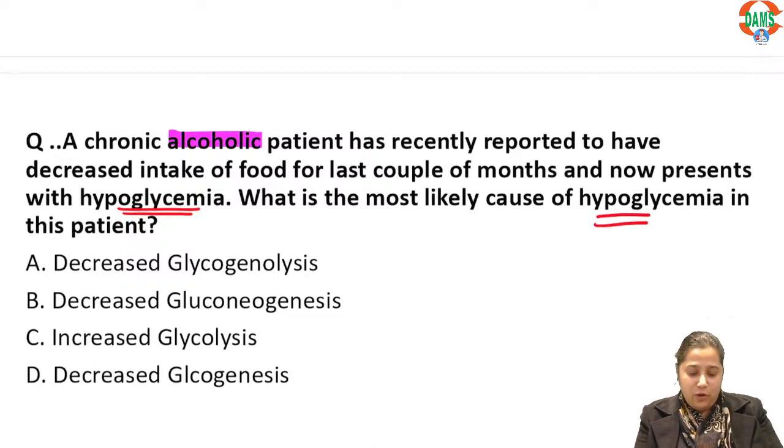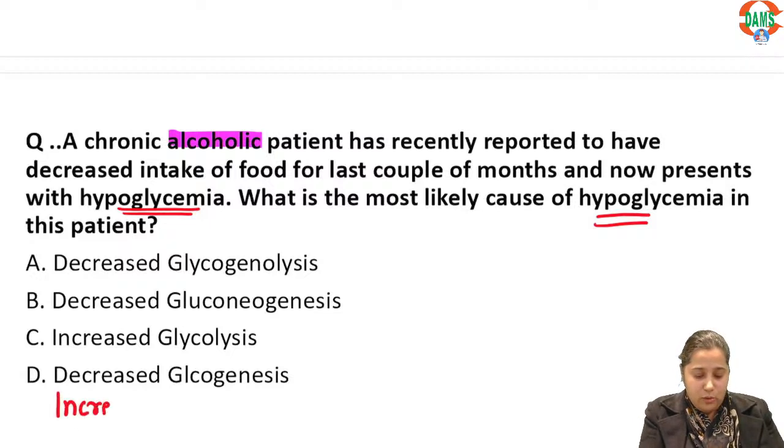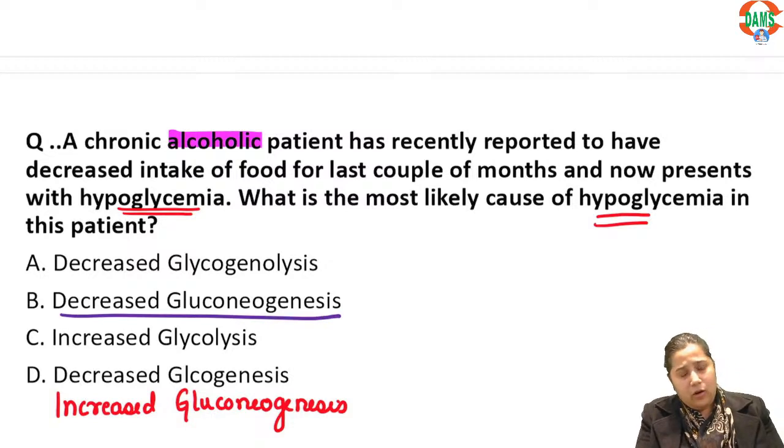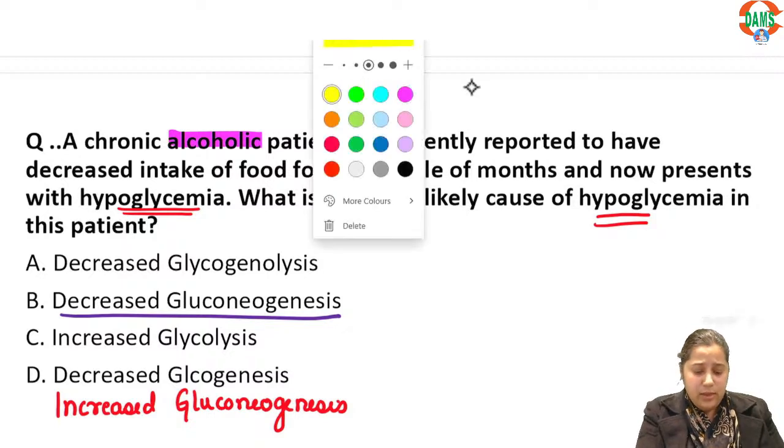In one of the options it may be mentioned as increased gluconeogenesis, but it is decreased gluconeogenesis. It is seen in chronic alcoholics. The NADH to NAD ratio is higher, which will result in consumption of oxaloacetate. A decrease in oxaloacetate is associated with decreased gluconeogenesis.